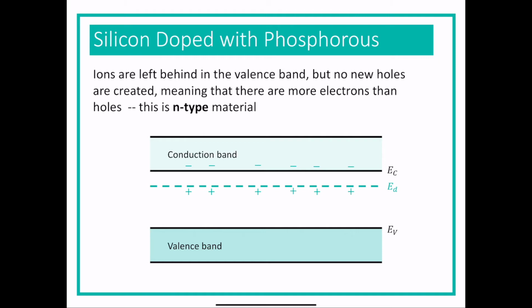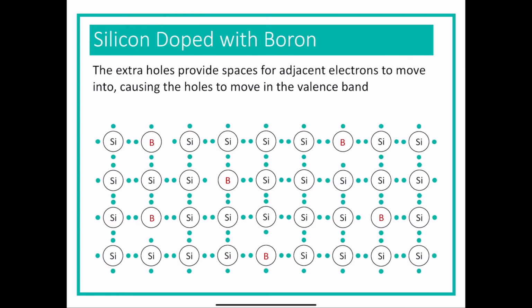If we were to dope silicon with something like boron, which has one less electron, it only has 3. When we do that, you'll notice that next to every boron atom, there's just a gap. And what ends up happening is adjacent electrons will drop into those spaces, and those will end up moving.